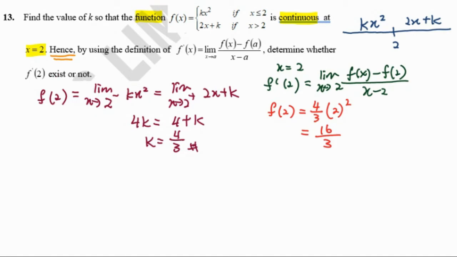Therefore, the next step, we are going to calculate the limit as x approaches 2 from the left hand side. For the function, we will select kx squared minus f(2), which is 16 over 3, over x minus 2. Simplify this function.